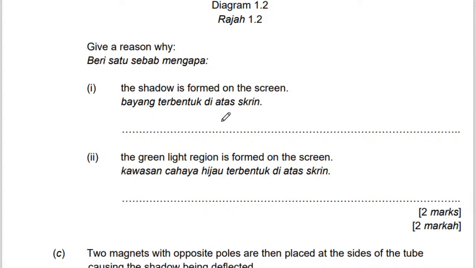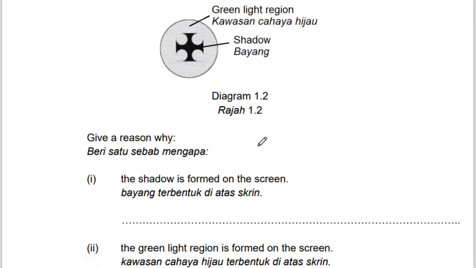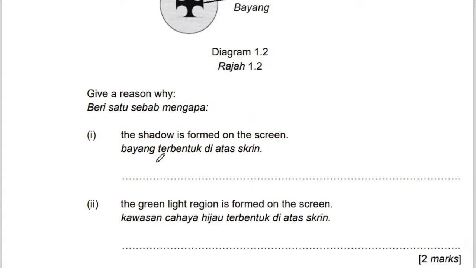Alright, so we can give marks if you write, because for structure questions, sometimes there is more than 1 answer. But we look at the priority. Since you have green light, the best answer will be that the cathode ray moves in a straight line.